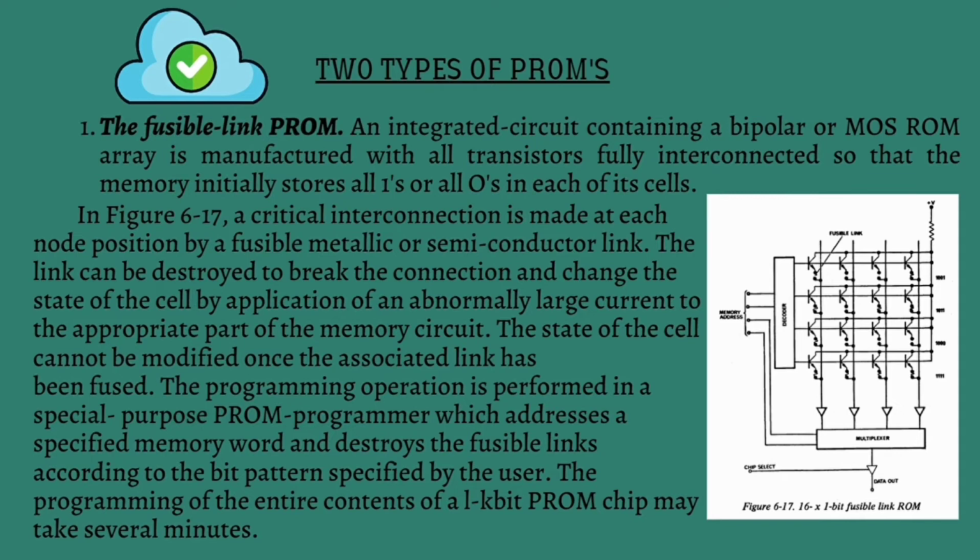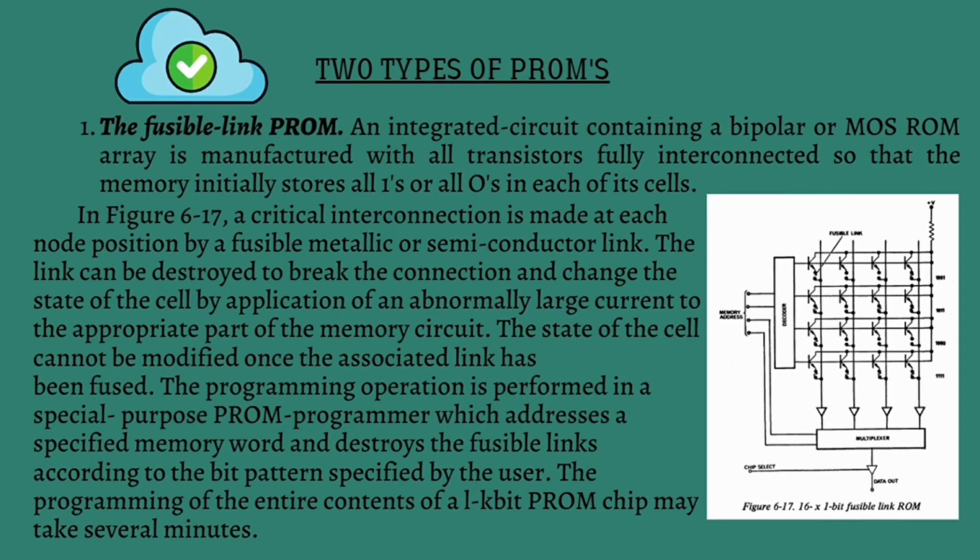The link can be destroyed to break the connection and change the state of the cell by applying an abnormally large current to the appropriate part of the memory circuit. The state of the cell cannot be modified once the associated link has been fused.